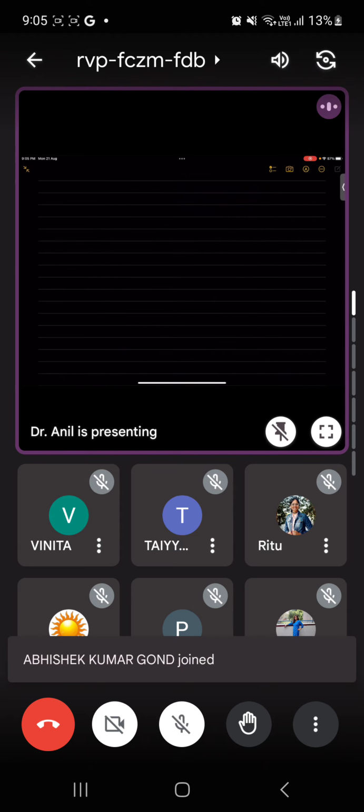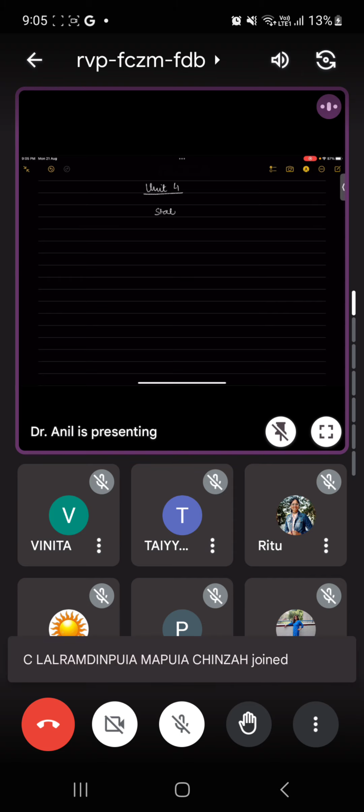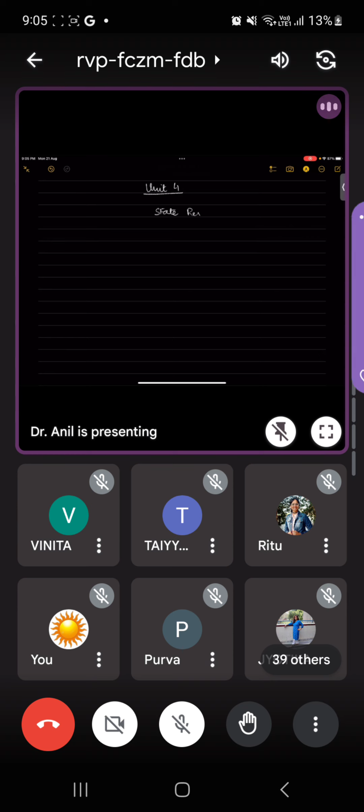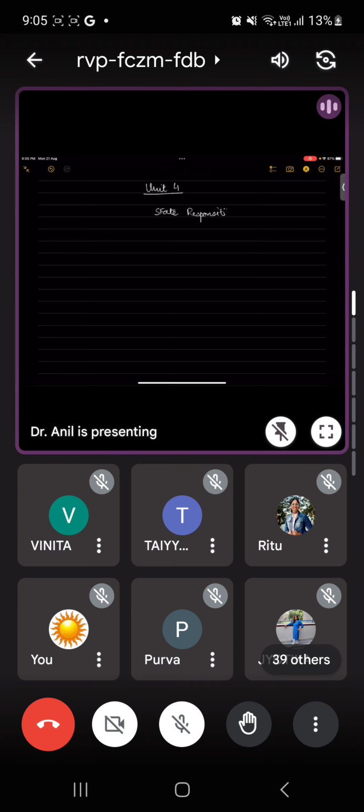And we're discussing the state responsibility. This is Unit 4. And as we have discussed the role of the state, we're going to be focusing on how far this state's responsibility is being looked into while drawing a contrast with the international law.